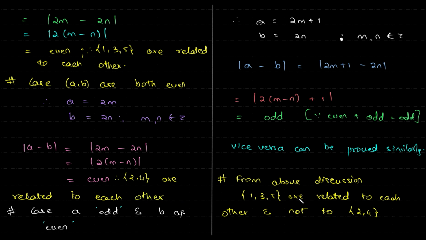While in this case, we can conclude that from the above discussion, these are related to each other and not to 2 and 4. Since we already wrote that statement, if you guys don't want to write it over here, you can always write it at the end, from the above discussion.